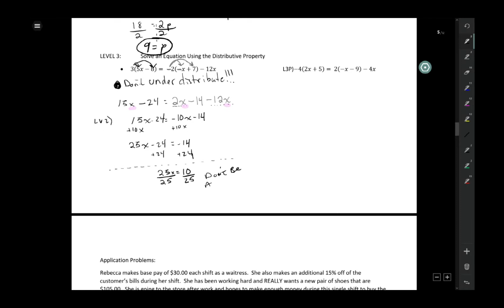It's just a fraction. Okay? Now, that will reduce. 10 and 25 each have a factor of 5. And if you substitute in your calculator, you'll get x equals, let's see, divide everything by 5, 2/5.